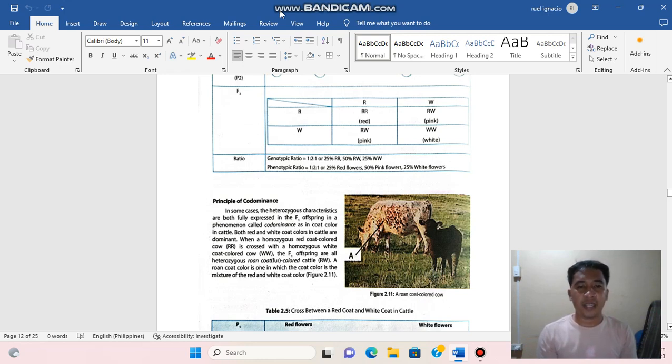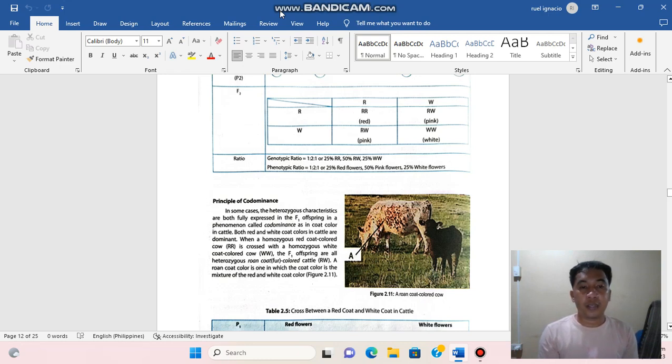When a homozygous red coat colored cow, represented by a big letter R, two of them, which means dominant, homozygous, is crossed with a homozygous white coat colored WW, represented by big letter W as homozygous dominant, the first filial offspring are all heterozygous roan coat or fur colored cattle, which is RW.